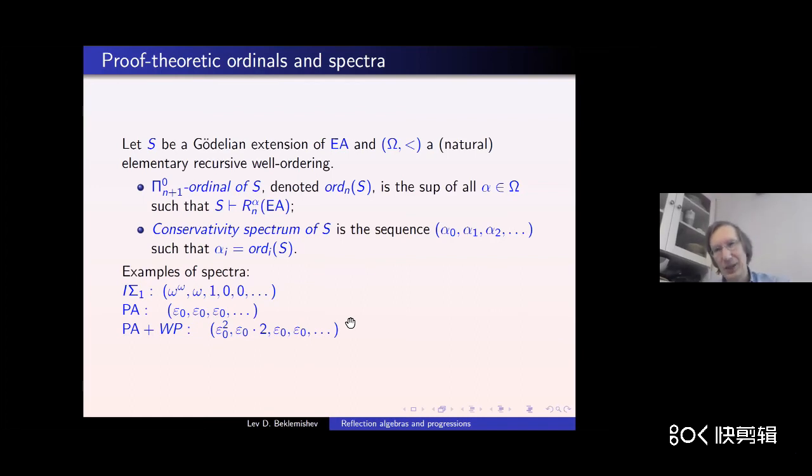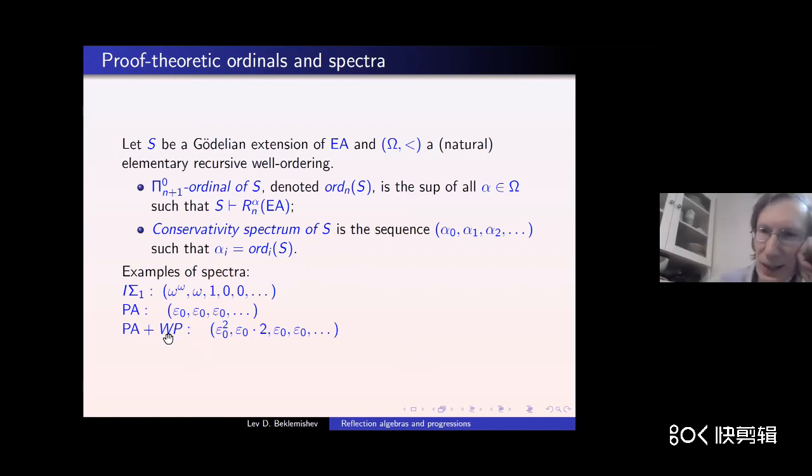So Peano arithmetic is a system which is very uniform and has the same strength in every complexity class. And if one adds, for example, the Worm principle that I formulated earlier to PA, then the ordinals will be different. It will be epsilon 0 square in the first case, epsilon 0 times 2 in pi 1, epsilon 0 in pi 3, and so on, all epsilon zeros afterwards as in PA. This is related to the two parts of the system.